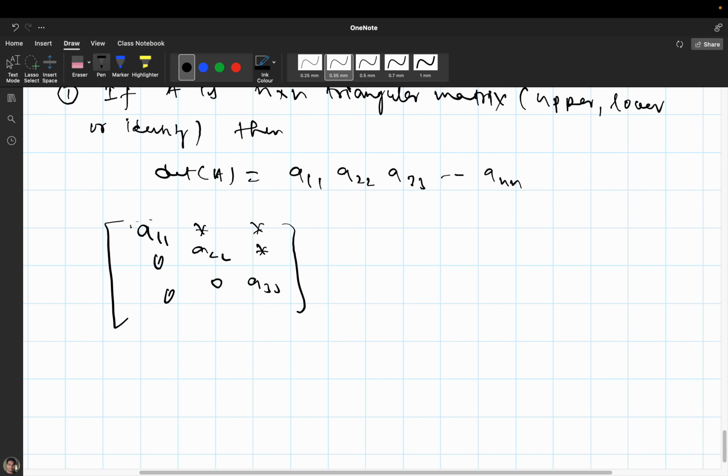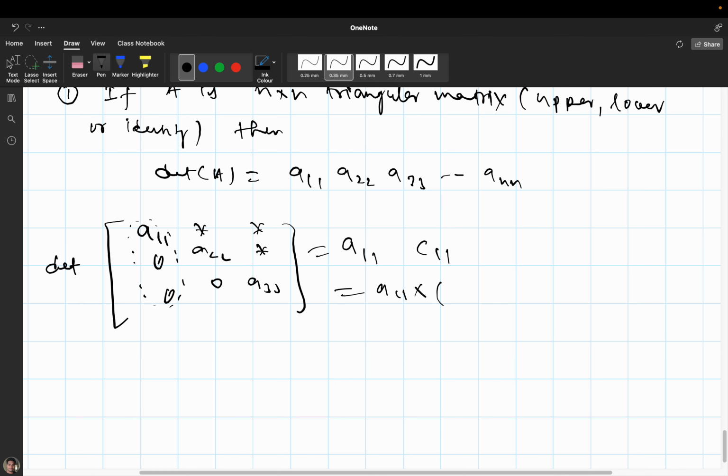I can choose this column because all the other elements are 0, or you can choose this row also. To determine the determinant, you can write A11 and C11. A11 into C11 is what?